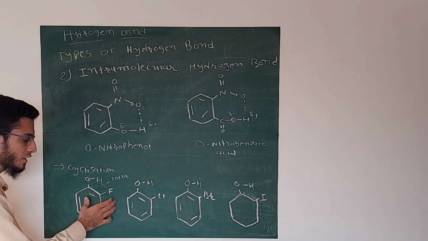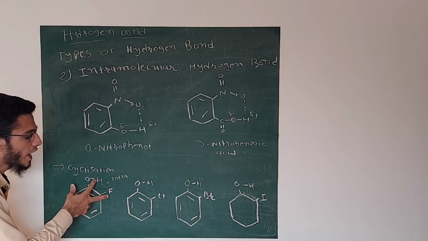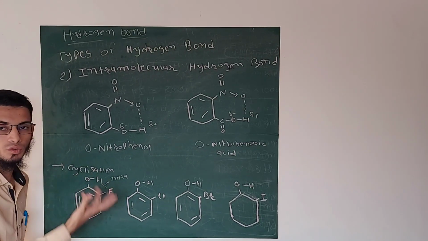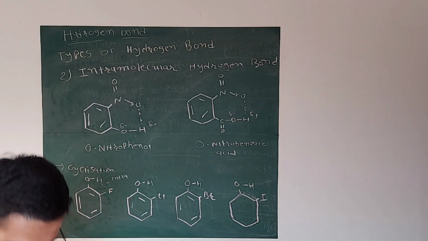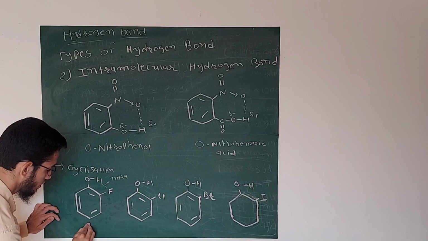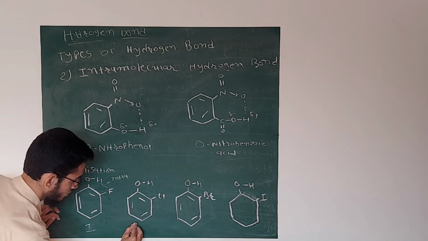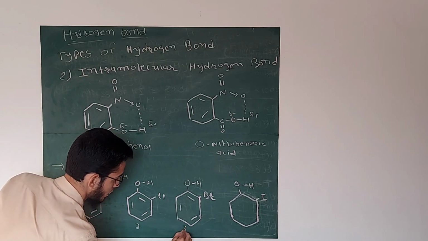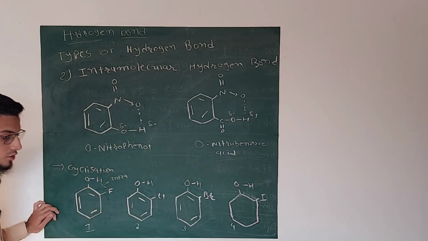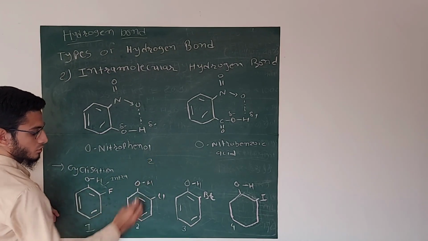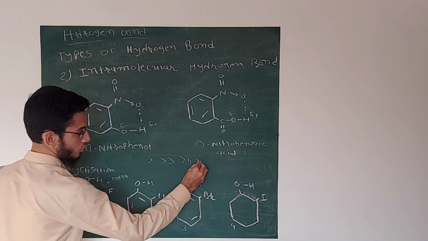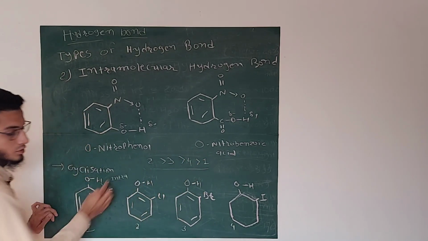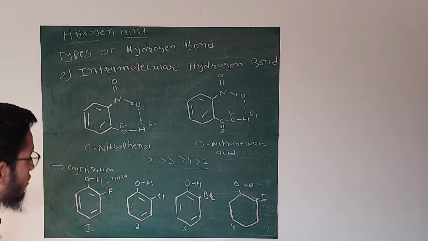You know that minus I effect can remove H plus easily, but due to this hydrogen bond, it cannot be removed easily in this solution. So the order: I am numbering 1 here, then 2, then 3 and 4. The order is first 2, then 3, then 4 and then 1. Okay, why?